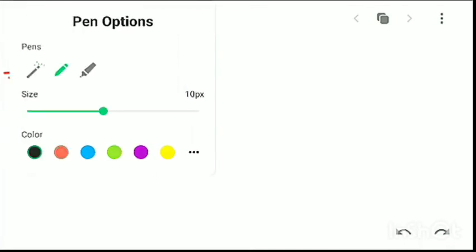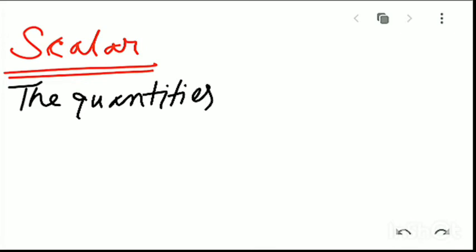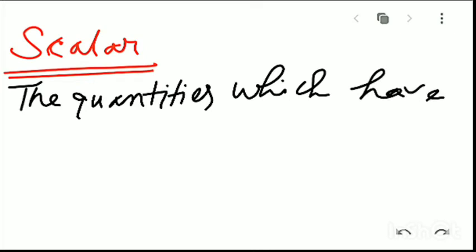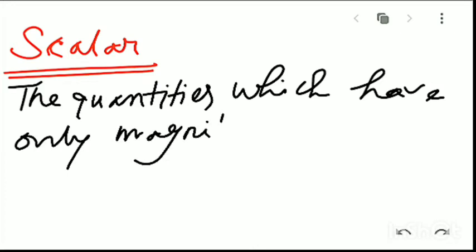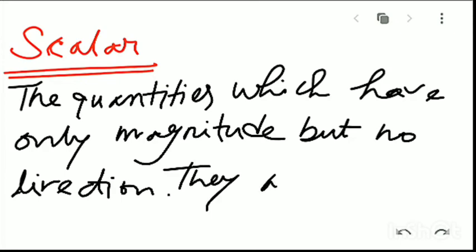The quantities which have only magnitude, magnitude means value, like 5 kilometer, 10 meter, but no direction. Such quantities are called scalar quantities.